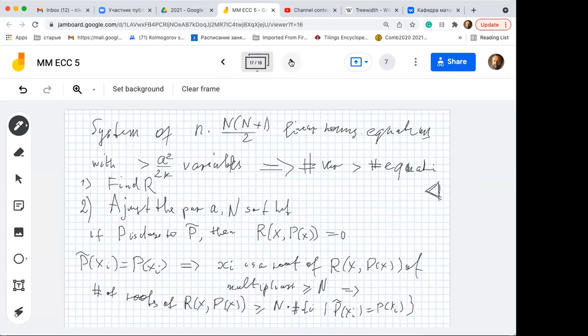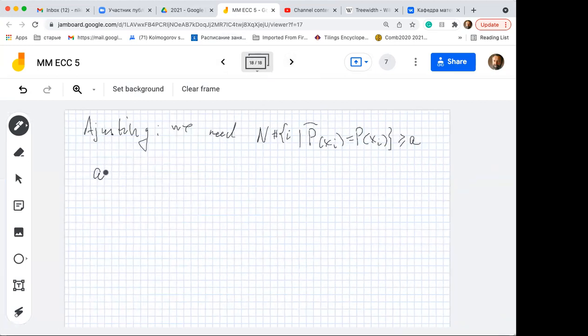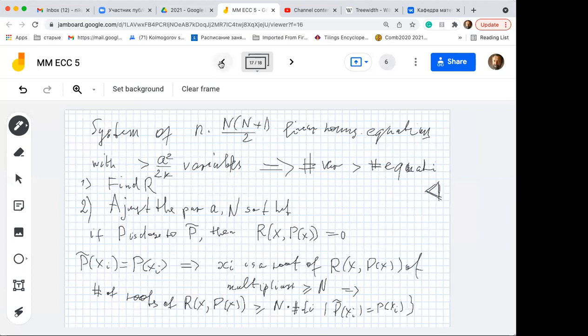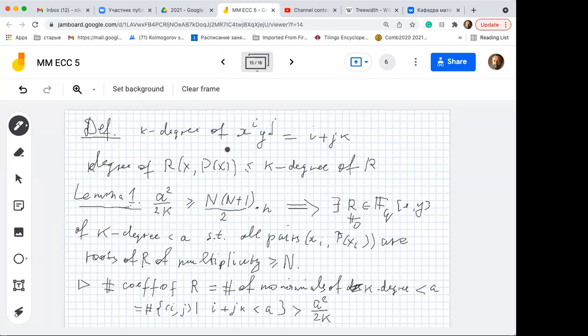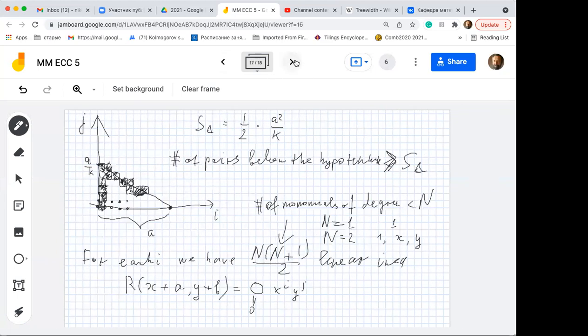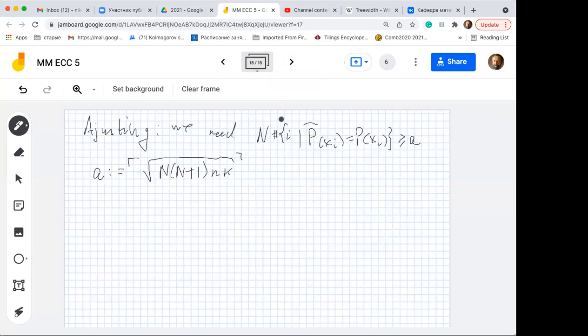So let's choose a equal to the square root of (N plus 1) times n times k. Then this guarantees that such R exists, and so step 1 can be successfully finished.